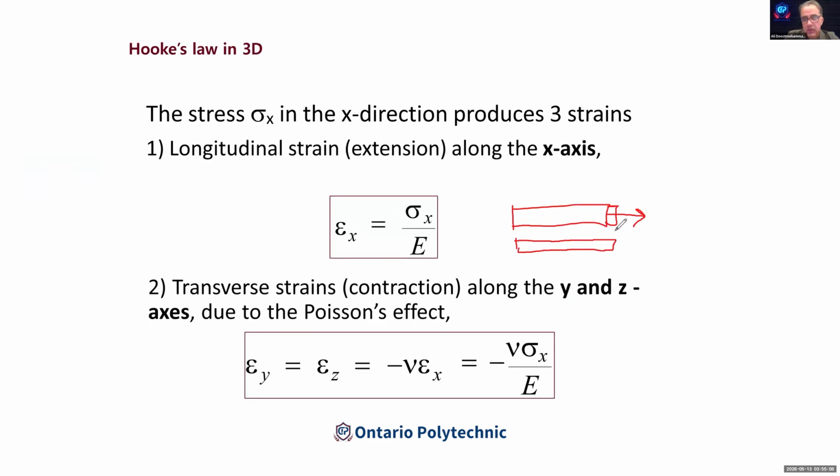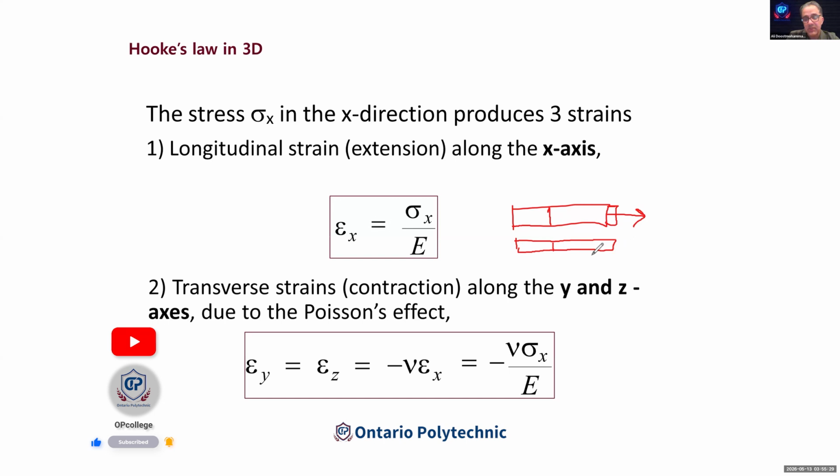So L2 is more than L1, but if we call this width D, D1 and D2, D2 is less than D1. So we have strain in X direction, which is positive, and we have strain in, let's say, Y direction, which is negative.